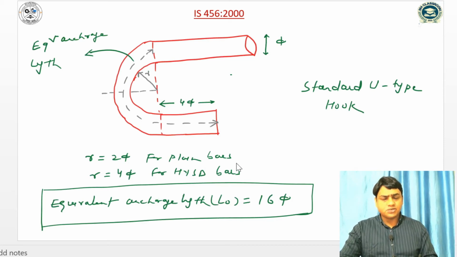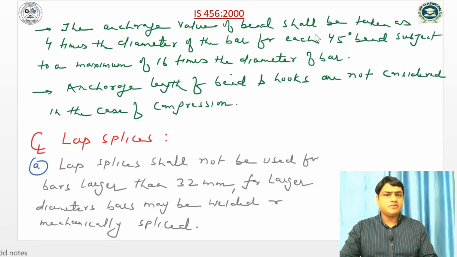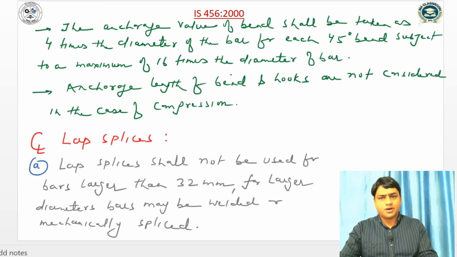So for each 45-degree bend, we have to add 4 phi. So the anchorage value of a bend shall be taken as 4 times the diameter of the bar for each 45-degree bend, subject to a maximum of 16 times the diameter of the bar.